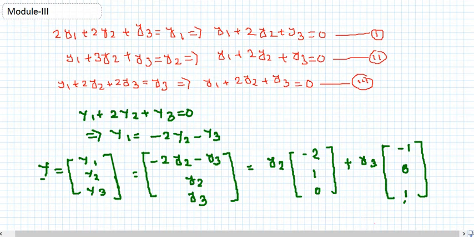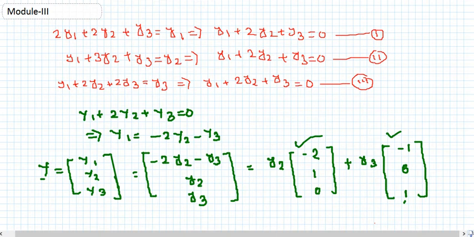So there are infinitely many eigenvectors corresponding to lambda equals 1, but not all of them are going to be linearly independent. But you can see easily that these two vectors are linearly independent of each other.